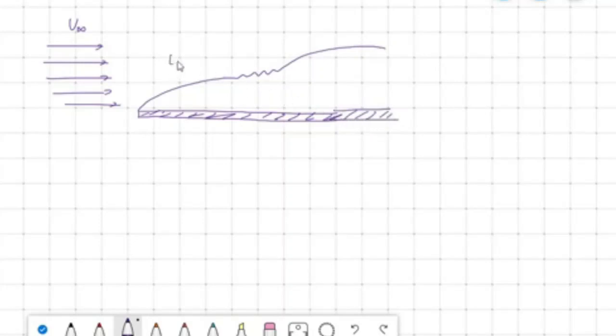So this part will be the laminar flow, this will be the turbulent flow, and the middle one is called the transition flow. So we have to determine the expression for the turbulent flow.